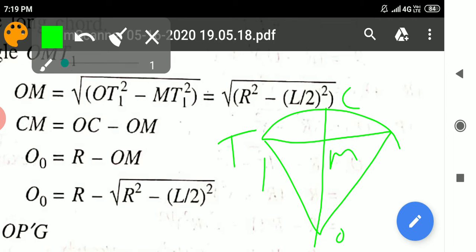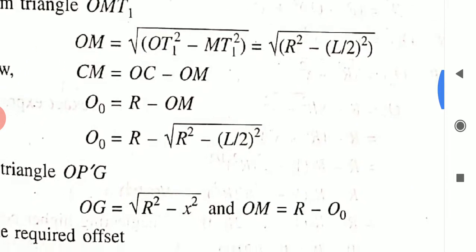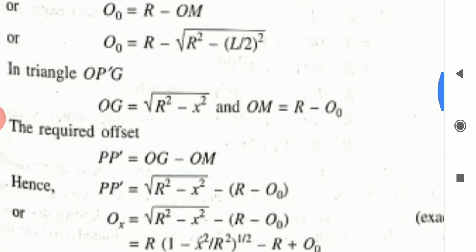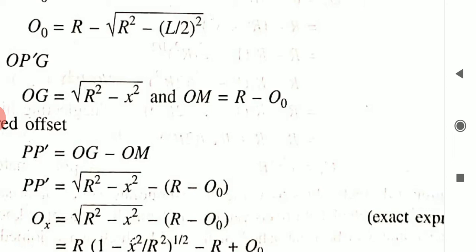OC equal to R, isn't it? Then OM, already we found out OM. So I will put the R value and I will put the OM value. After that I will get the expression O naught equal to R minus root of R square minus (L by 2) whole square. Again we have to derive, again we have to solve one line solution.